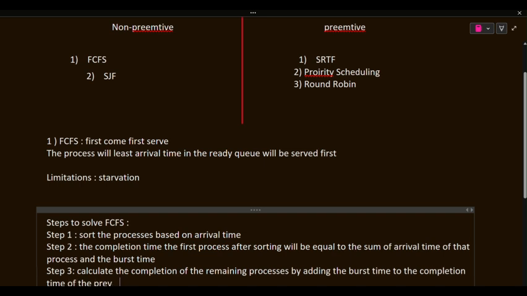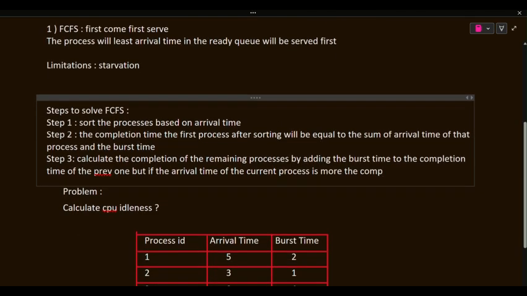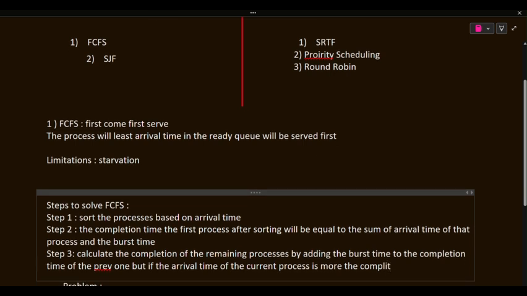But if the arrival time of the current process is more than the completion time of the previous process, then use step 2.